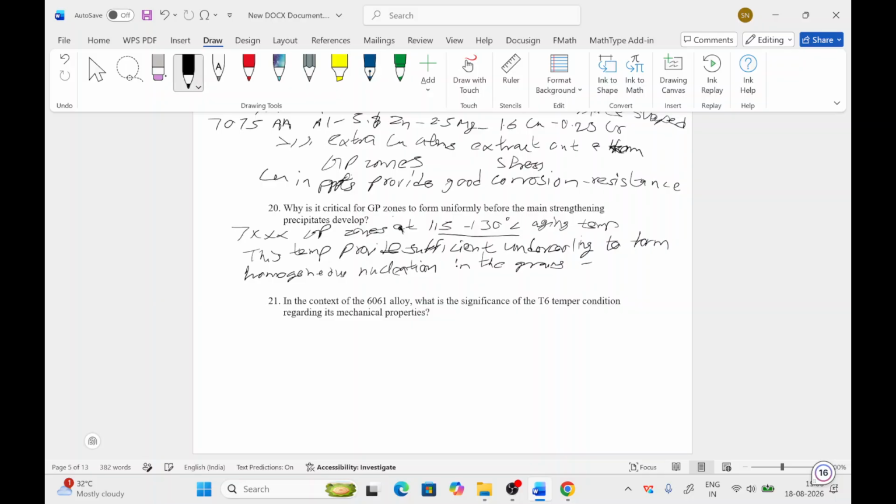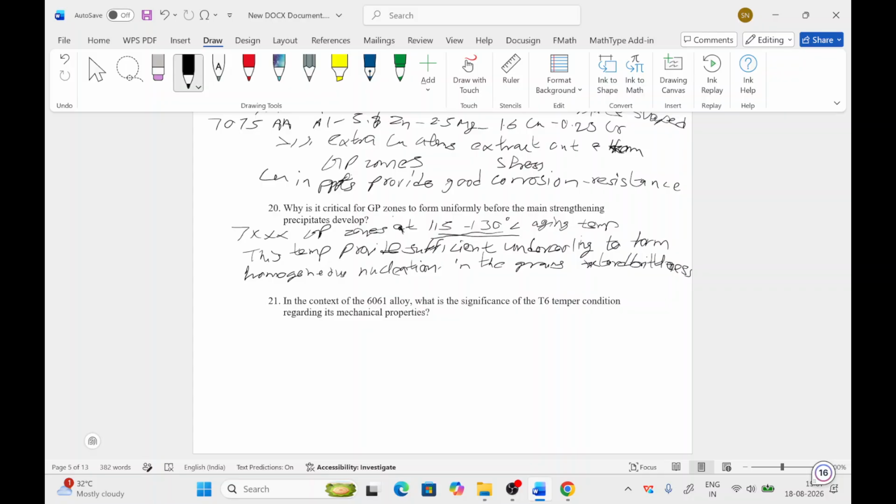So this homogeneous nucleation of GP zones retards brittleness. If we don't form GP zones in this temperature range, the precipitates will form around dislocations and grain boundaries.